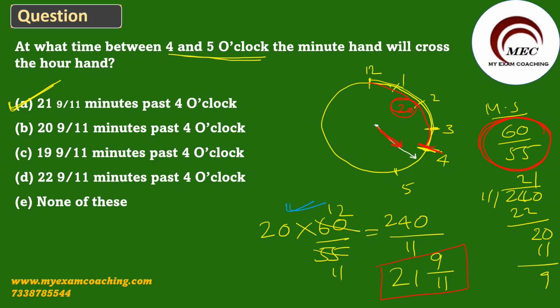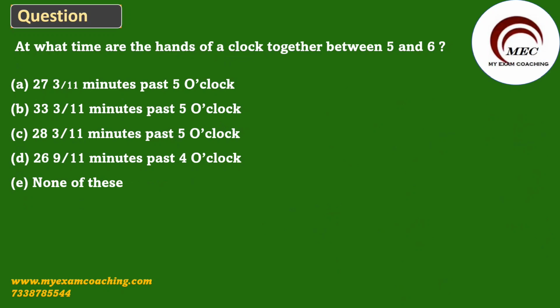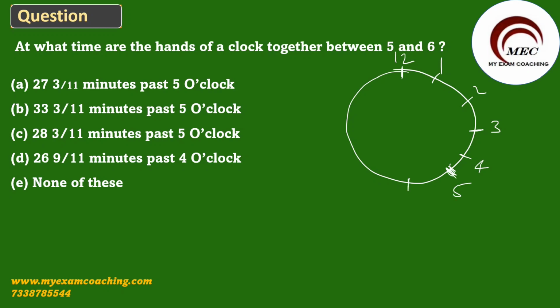Let us go to one more question. At what time are the hands of the clock together between 5 and 6? Now you can do it very easily. In the clock, it is asked between 5 and 6. So you have 5 here, 12, then 1, 2, 3, 4, 5, and 6.